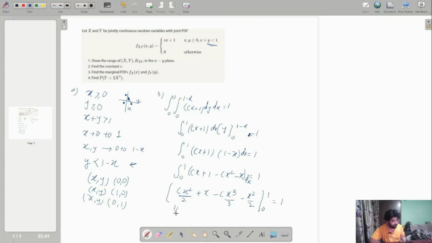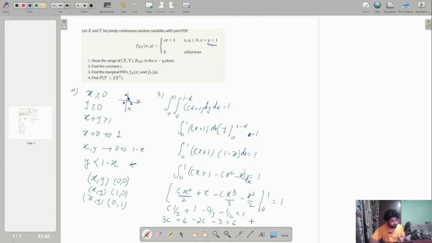If I substitute the values, it will be c by 2 plus 1 minus c by 3 minus 1 by 2 equals 1. Taking the common denominator, it will be 3c plus 6 minus 2c minus 3 equals 6.